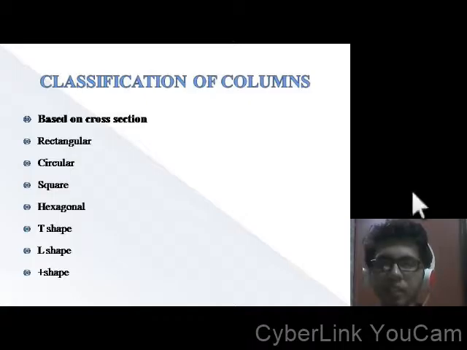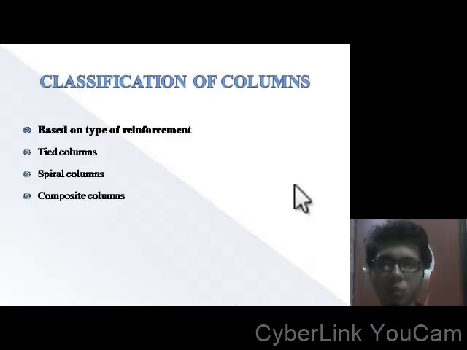This is mainly for architectural purposes, that is, columns are classified as rectangular, circular, square, hexagonal, plus, C-shape and L-shape. When we consider the type of reinforcement provided, it is classified as tied column, spiral column, and composite column.